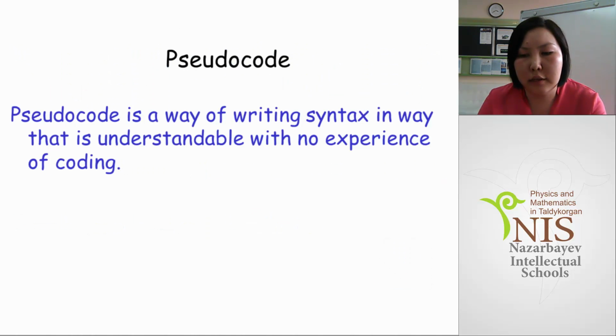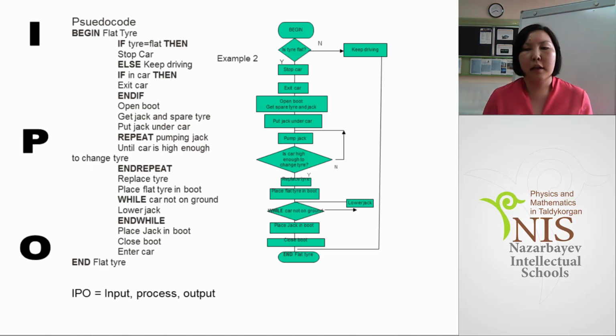Let's look at another way to represent an algorithm, pseudocode. Pseudocode is a way of writing syntax that is understandable with no experience of coding. Let's look at this flowchart and pseudocode. In the pseudocode, there are three main parts: input, process, and output.